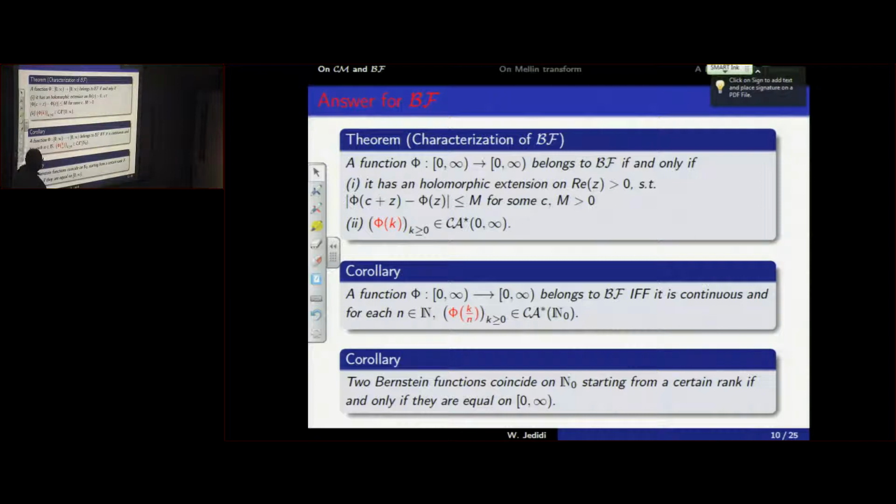And we can also extract a corollary equivalent to the situation of completely monotone functions, and two Bernstein functions, if they coincide on a small part of N, then they are necessarily equal.